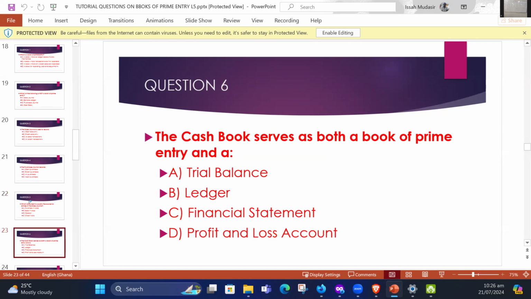Good. Remember, if you don't know, you don't know. The cash book serves as both a book of prime entry and... your time starts now.